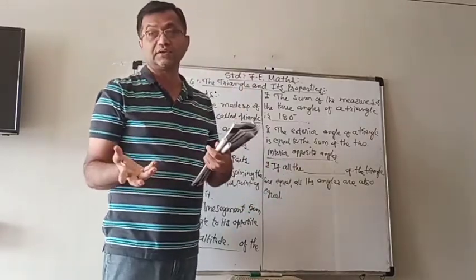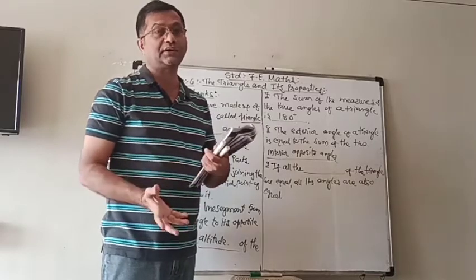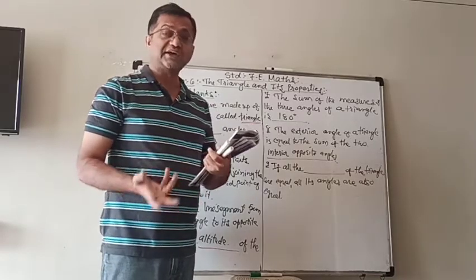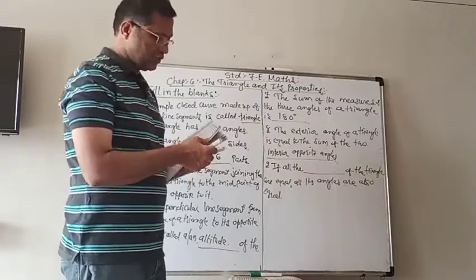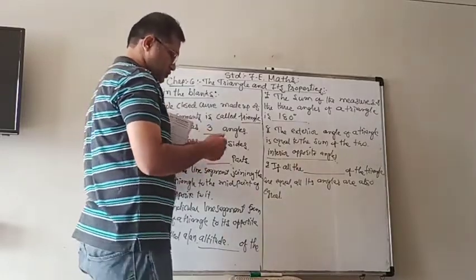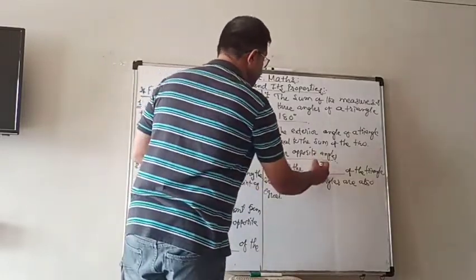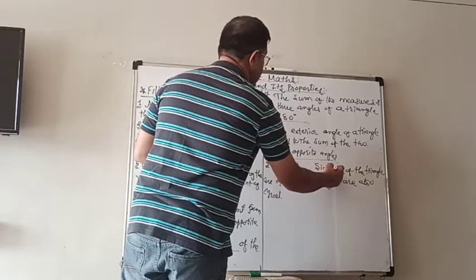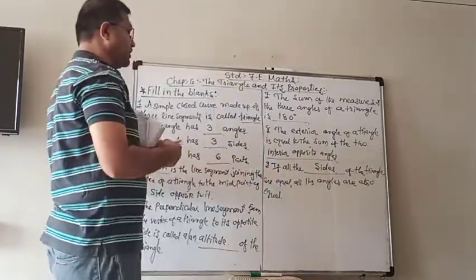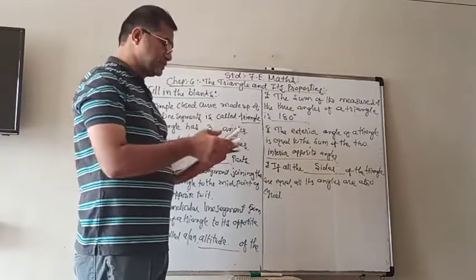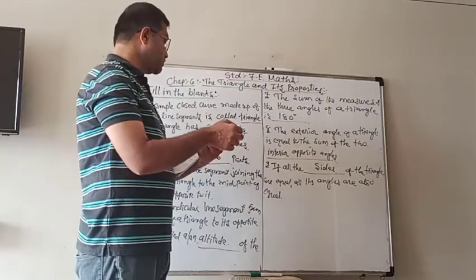So obviously the answer is very simple. Sides are equal, then angles are equal. We already wrote down that also. So your answer is: all the sides of the triangle are equal, then all its angles are also equal.